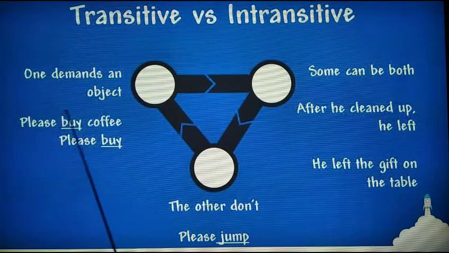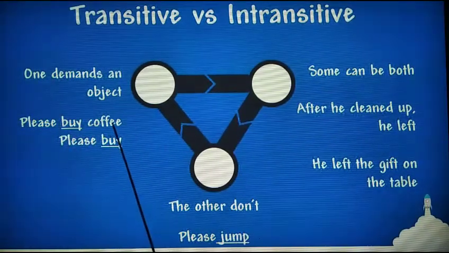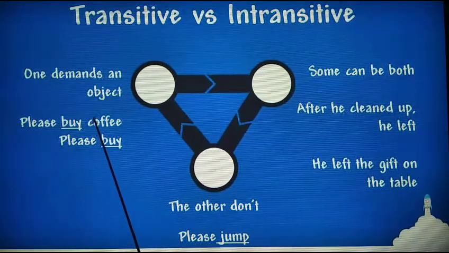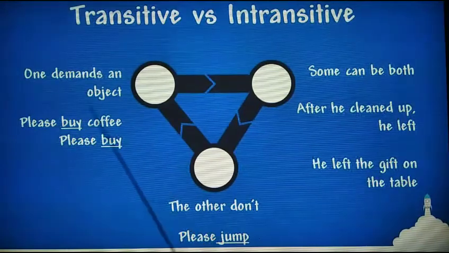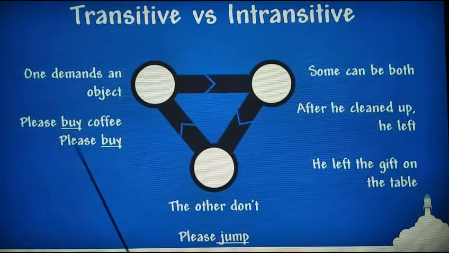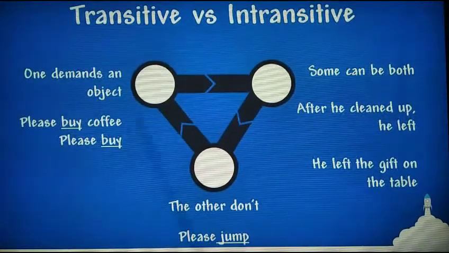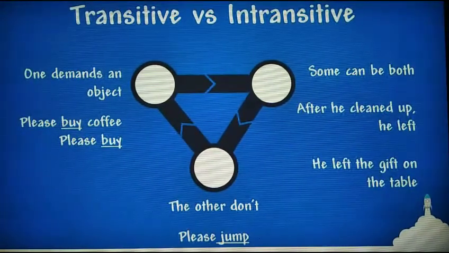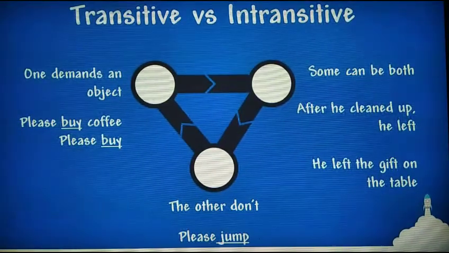Here we have buy, a transitive verb, and we have coffee, the object that is receiving the action. If we remove the direct object, the sentence loses its meaning. Please buy. Then we have the question, buy what? And the meaning of the sentence doesn't make any sense.